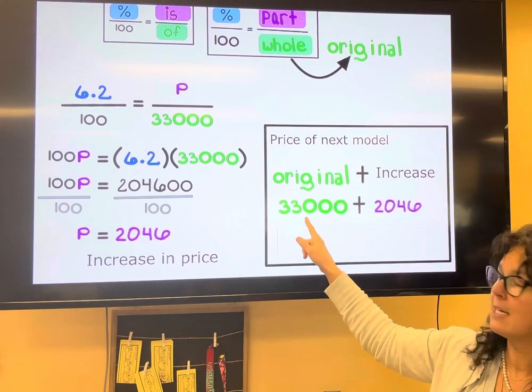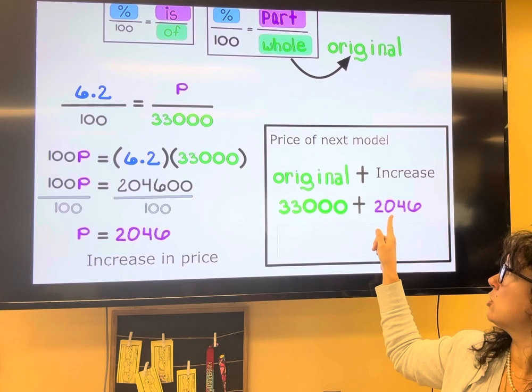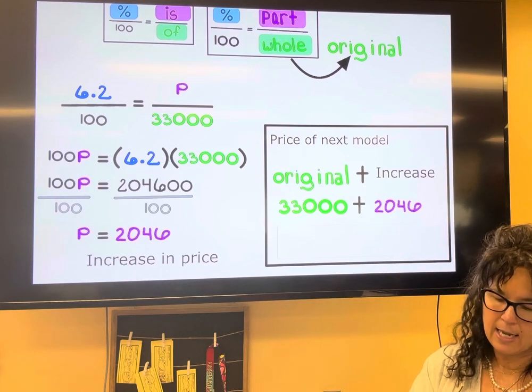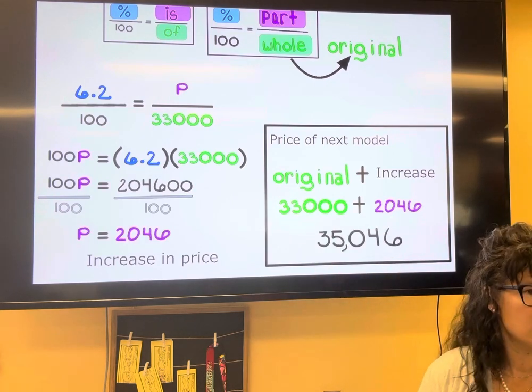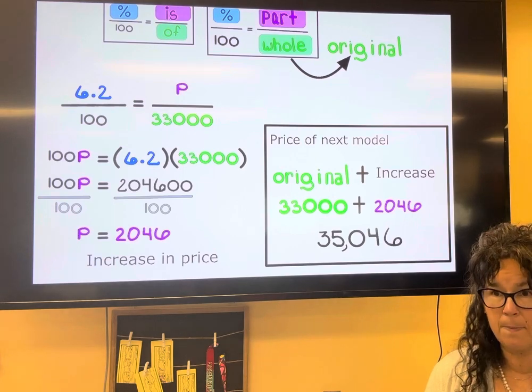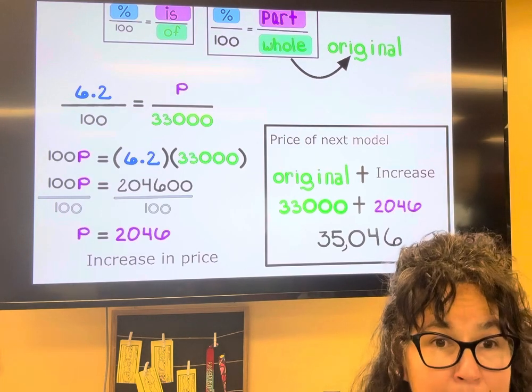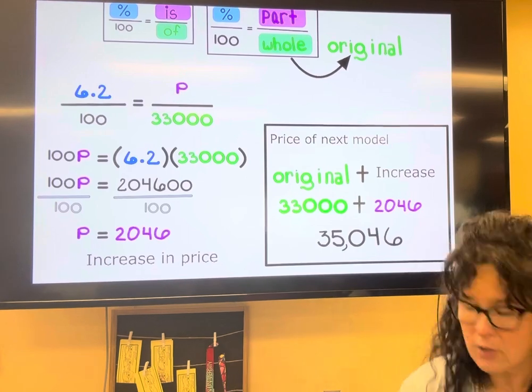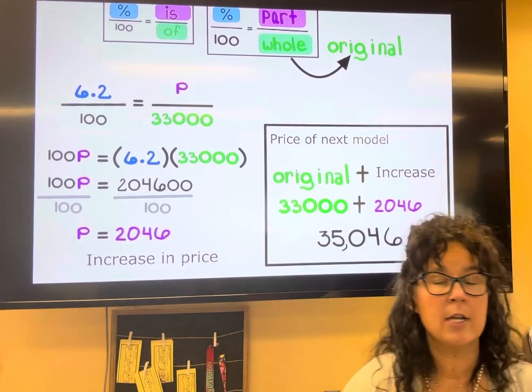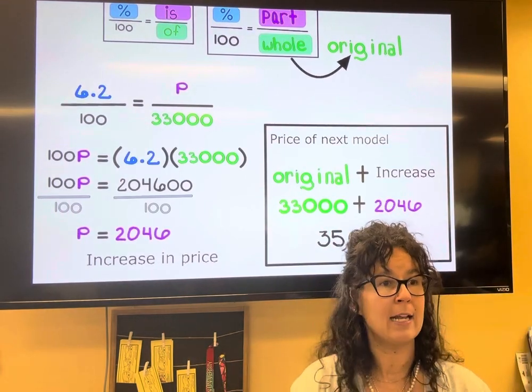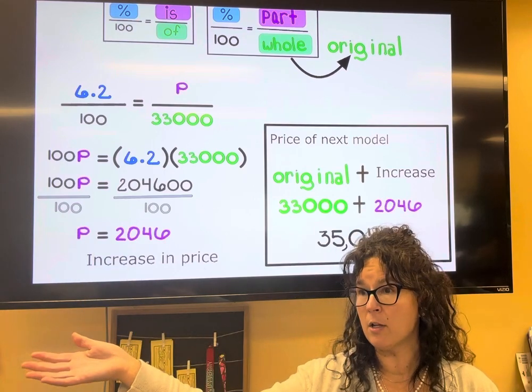So in this case, that's 33,000 plus the 2,046, and we end up getting 35,046.